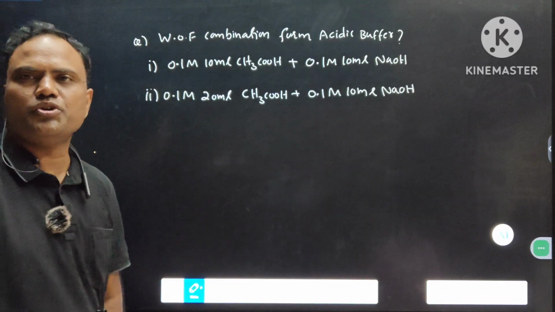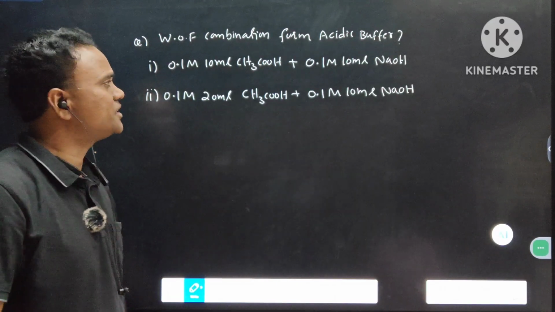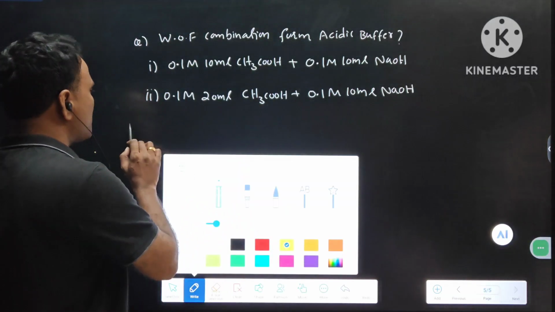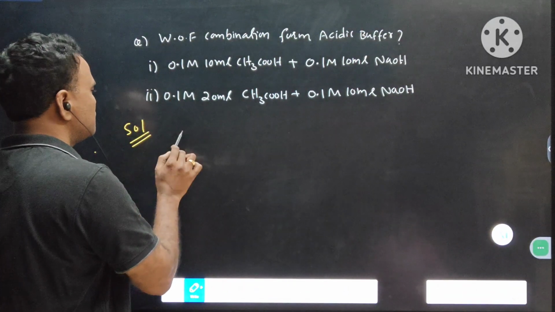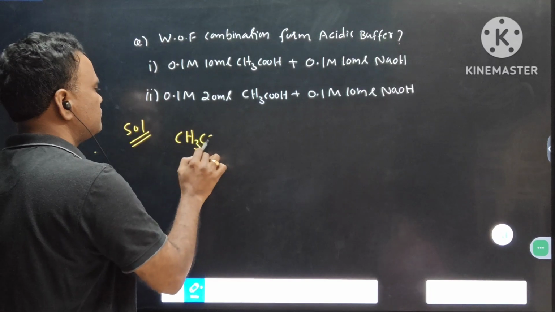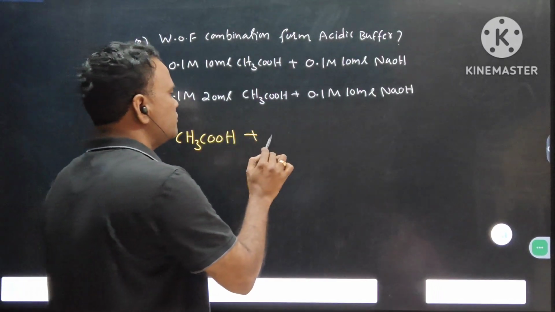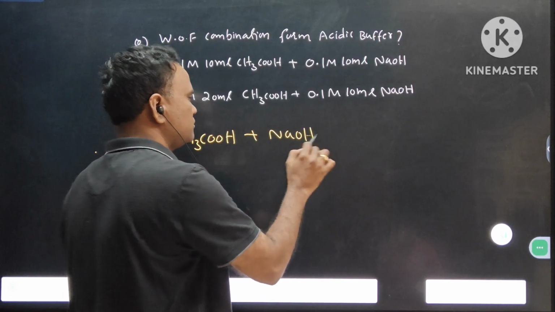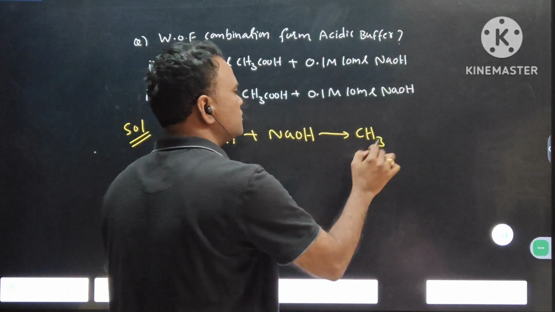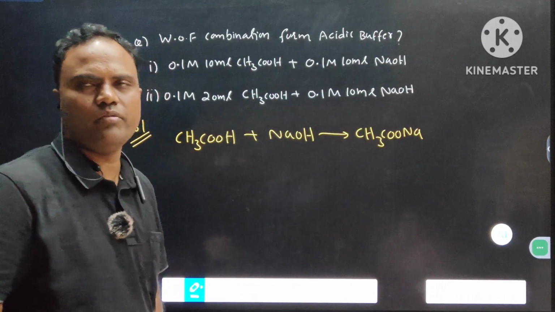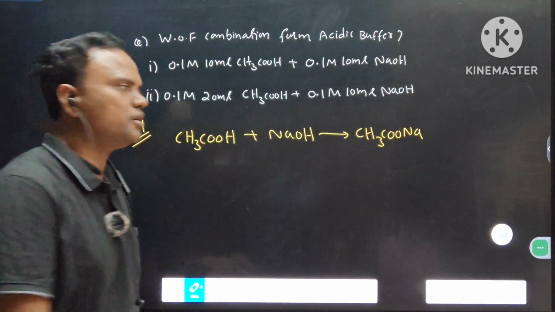First of all, write the equation between acetic acid and NaOH. Acetic acid plus NaOH gives CH3COONa. Salt. When we mix acid and base, we'll get salt and water, right?